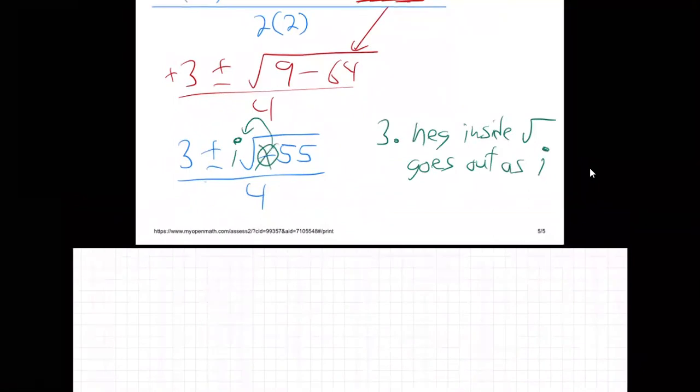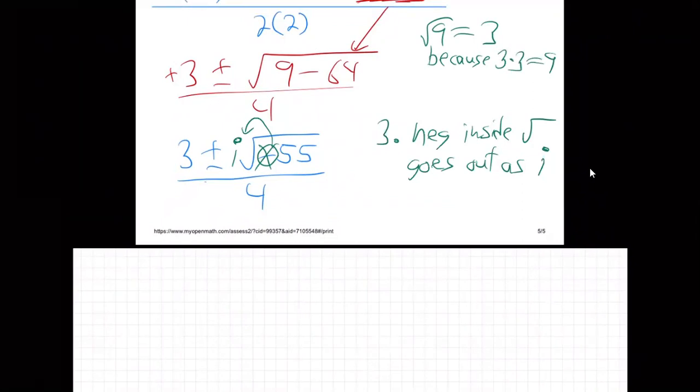Because you can't have the square root of a negative number. It's imaginary. You can try it in your calculator, it'll be an error, right? Is everybody good with that? Like, the square root of 9 is 3. If a young child asked you why the square root of 9 is 3, you would say, because 3 times 3 is 9. And you're right.